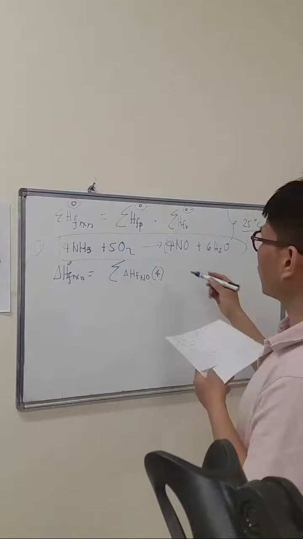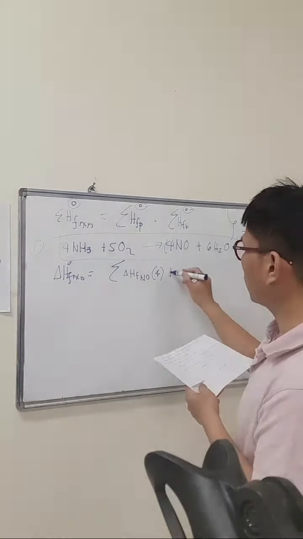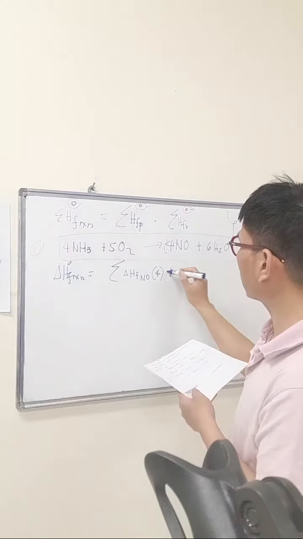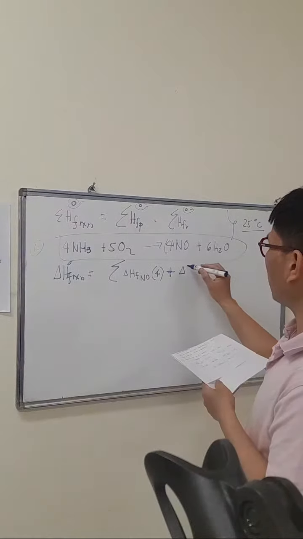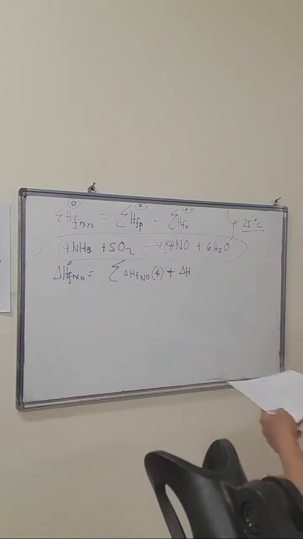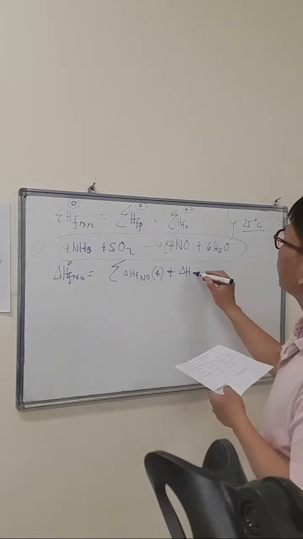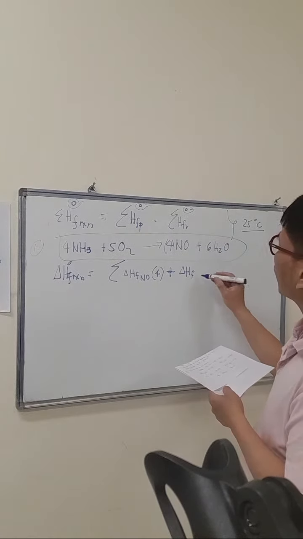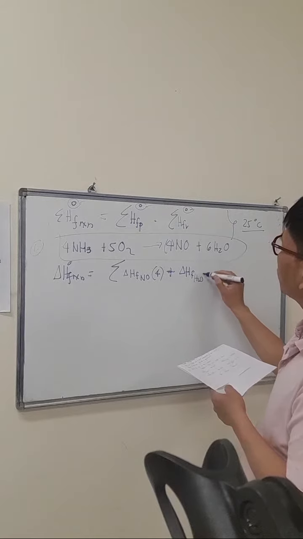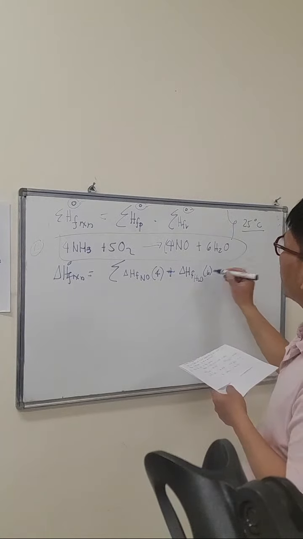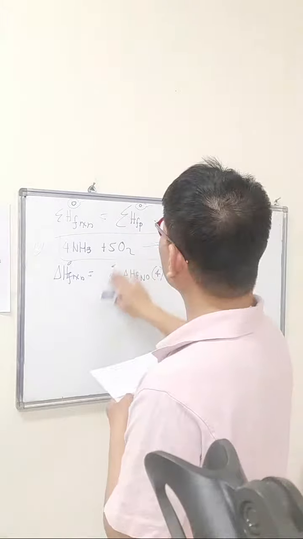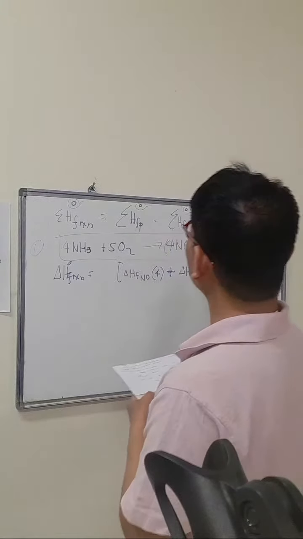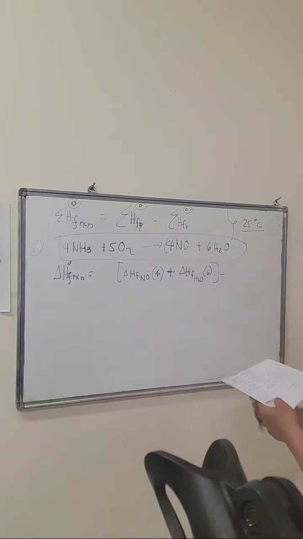So, plus the enthalpy change of formation of water times 6 moles. Then you need to bracket this whole thing, minus the enthalpy change of the formation of the reactants.